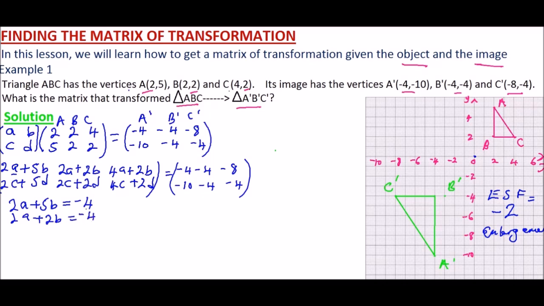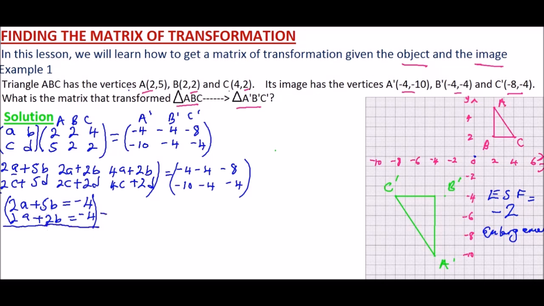Now these two form simultaneous equations, and we solve them by eliminating a, because we have 2a and 2a, we subtract.